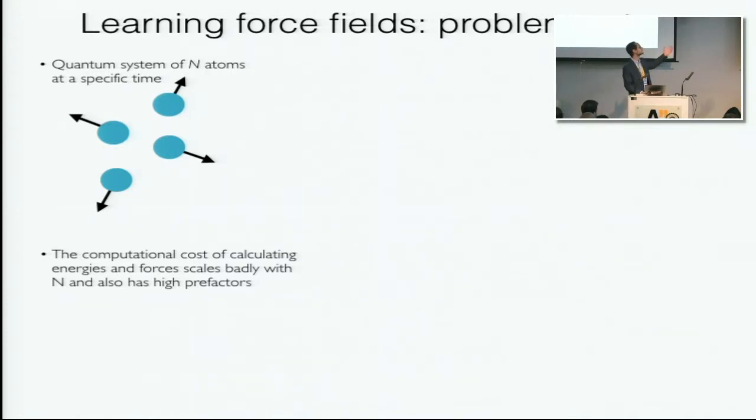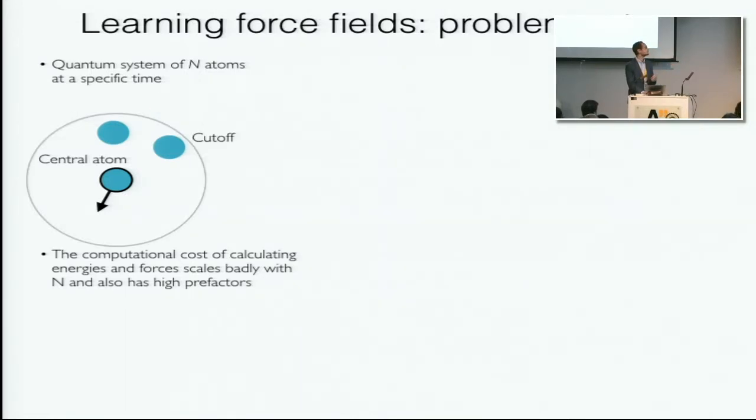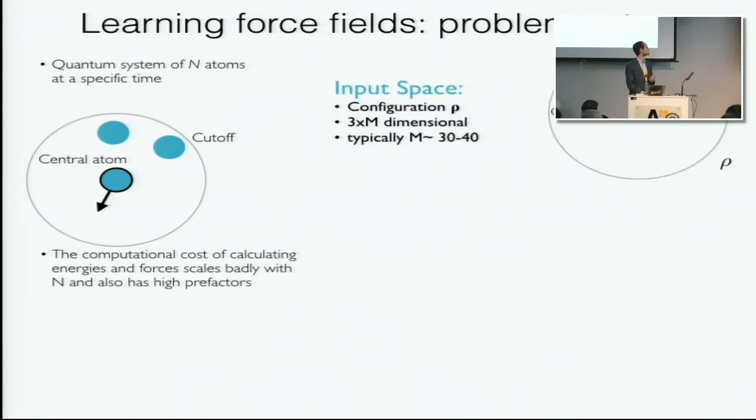This is a snapshot of this simulation with an atom. Then you decide that the force, the arrow on the center atom, does not depend on atoms outside of a given cutoff. And then you try to learn this function that gives you the force, with the input space being the atoms within a cutoff.